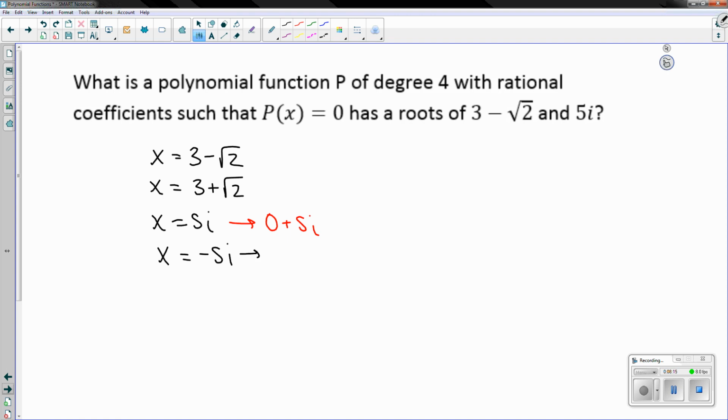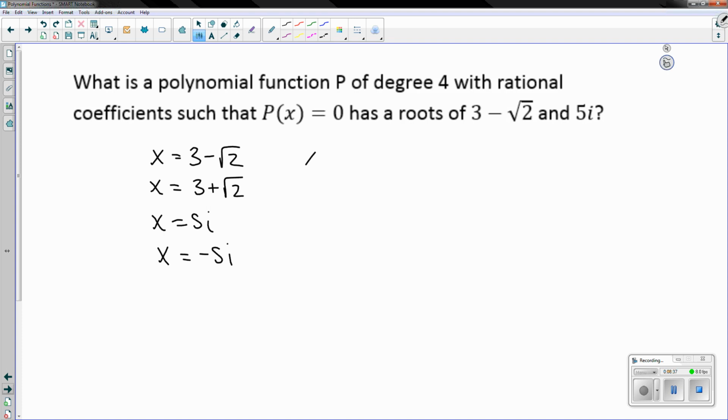And then using what we defined as conjugates, binomial of same terms, opposing arithmetic operator, that's where that minus 5i is coming from. So we expect 4 solutions because we're told it's degree 4. Here are our 4. Now we're going to use that linear factorization theorem by generating factors from these zeros.